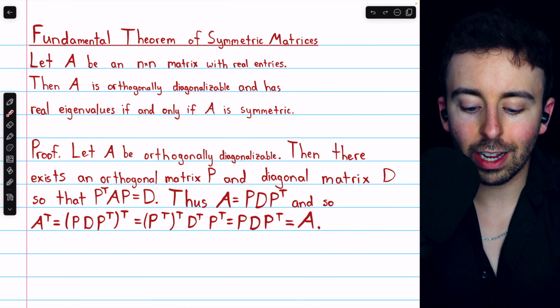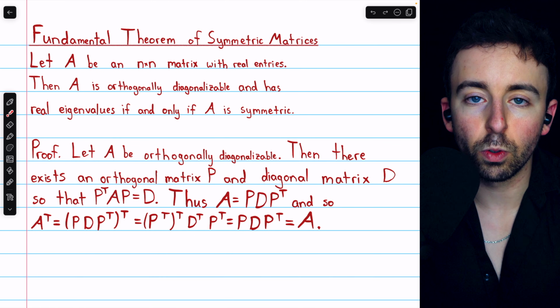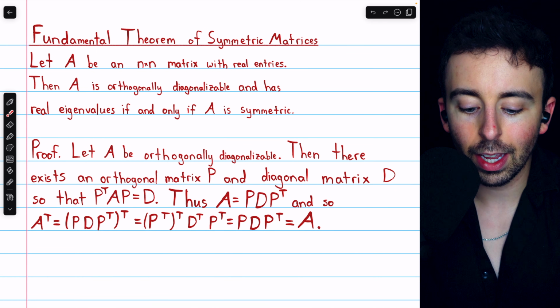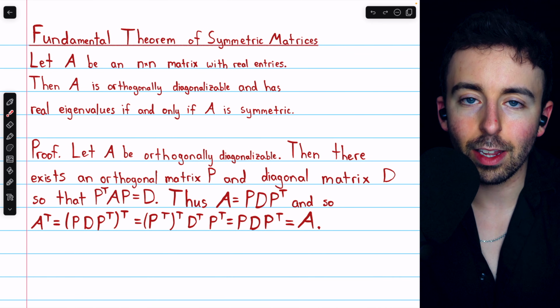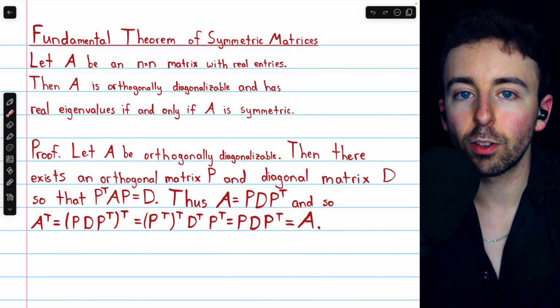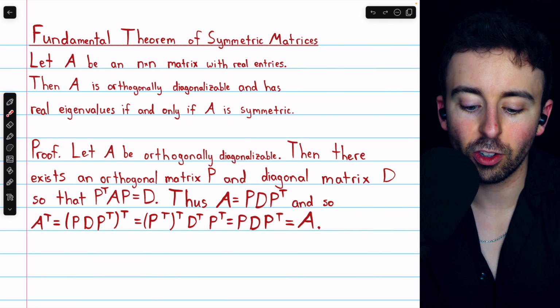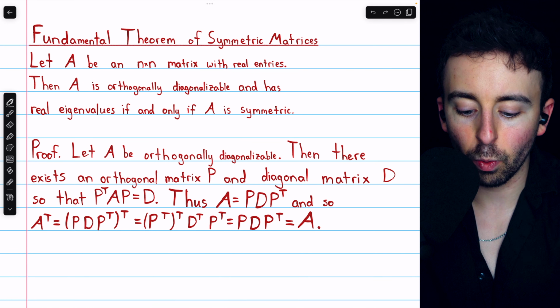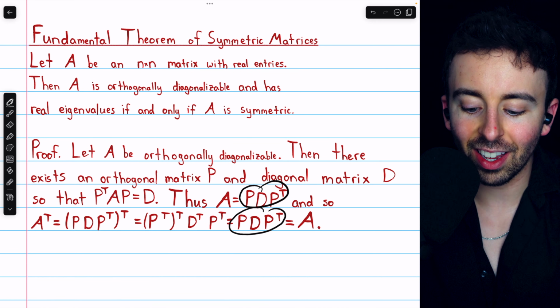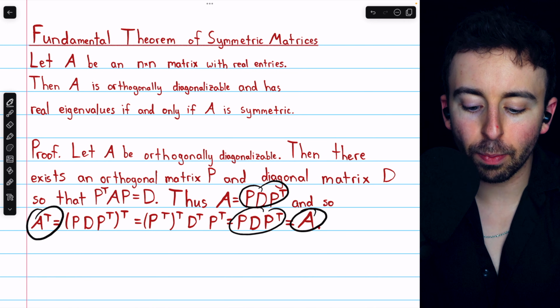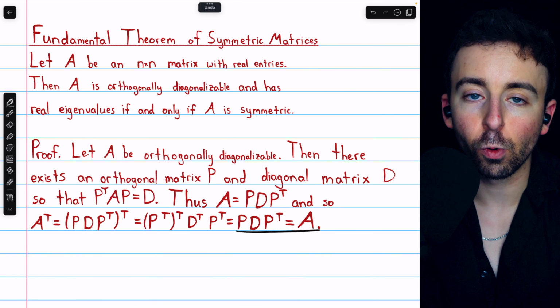P transpose transpose is just P because two transposes undo each other. D transpose is just D because D is a diagonal matrix. The transpose of a diagonal matrix doesn't change it. And P transpose, of course, is P transpose. So what do we see? Well, this is just A. We took the transpose of A, and we got A right back.